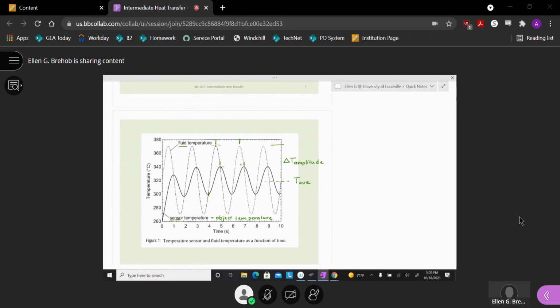So that period's the same. But if you look, the peaks don't happen at the same time. Maybe I should extend upward. And that's my phase lag. I think it's easiest to think about the shift between a peak or a trough.